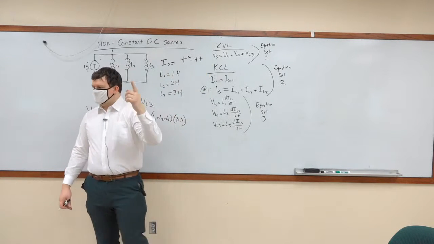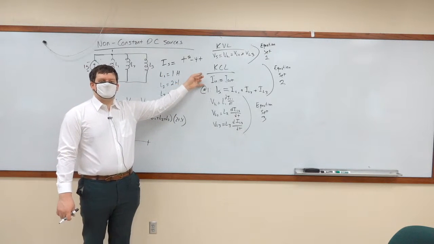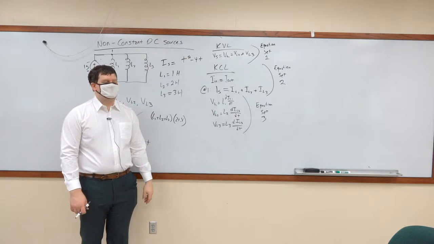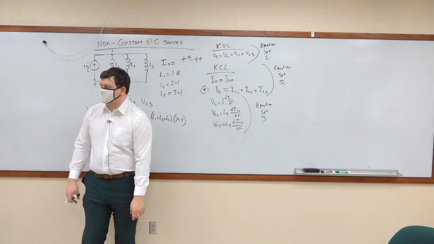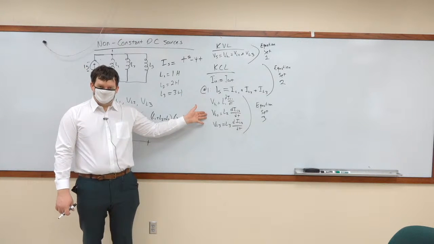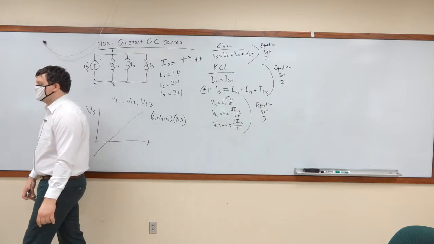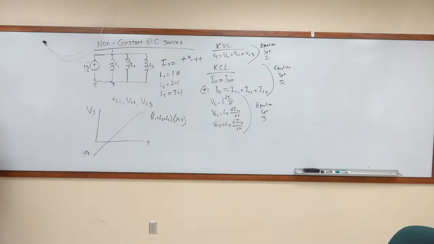Which means there has to be a loop. Every single circuit is going to have nodes. Hence, KCL becomes relevant. Every single circuit is going to have components. And each of those components is going to have a relationship between voltage and current. Every single problem we have solved has used those 3 equation sets.